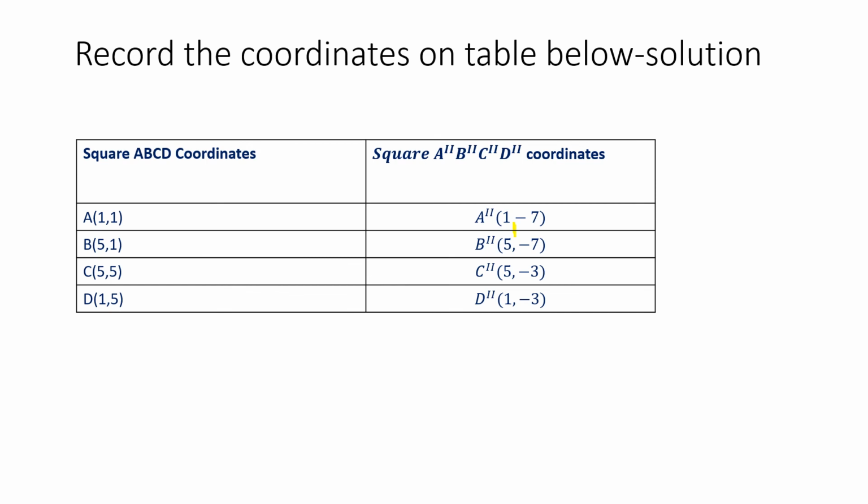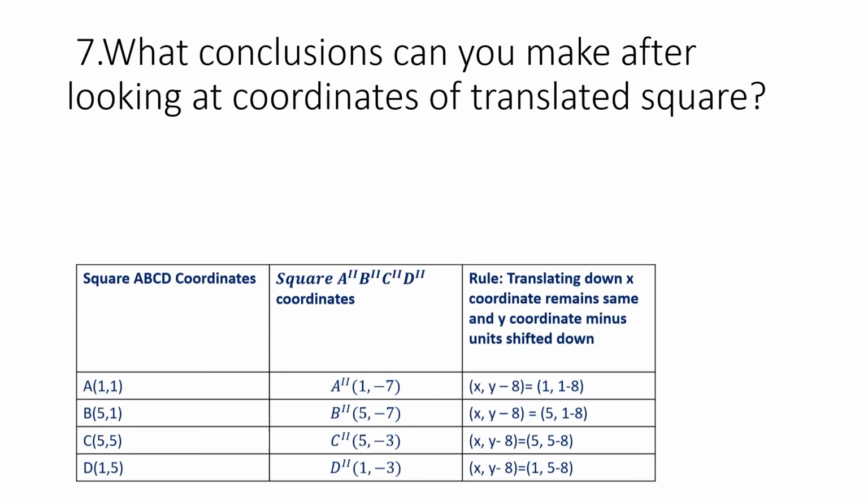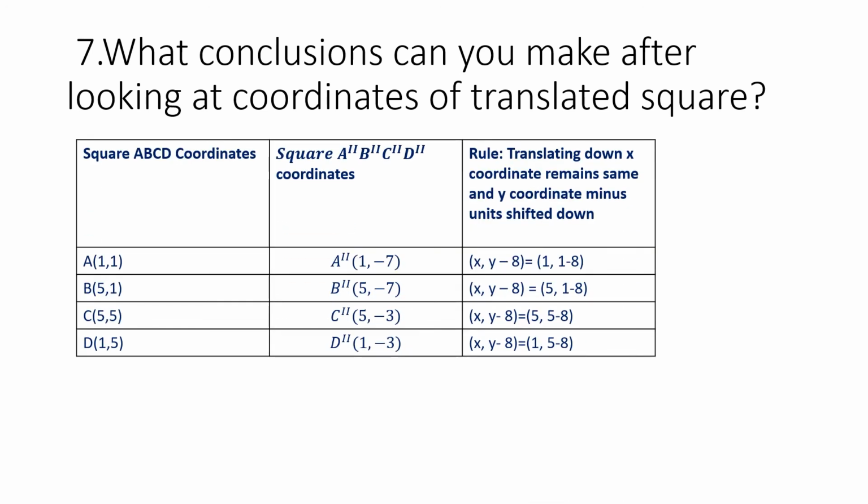How are the coordinates changing? What do you notice? What conclusions can you make after looking at the coordinates of the translated square? We can see that between A and A double prime, the x value didn't change, the y value is changing. Same for B and B double prime, C and C double prime, D and D double prime.